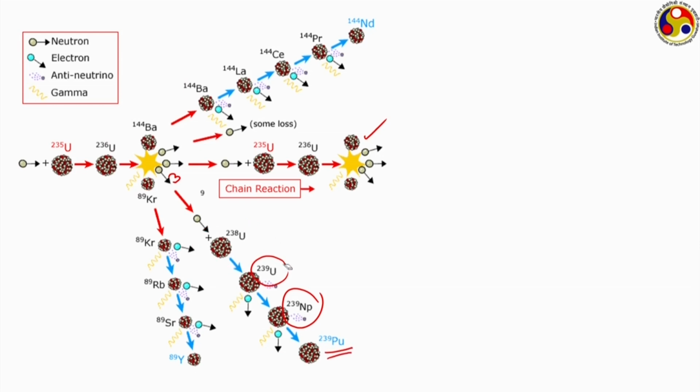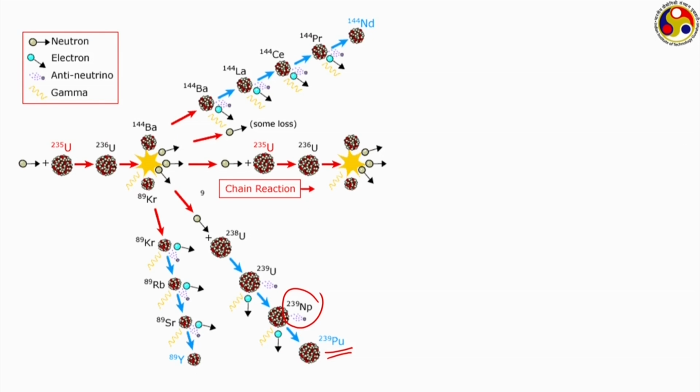Now, what is the nature of plutonium 239? Plutonium 239 is a fissile material, and therefore, one of the neutrons produced because of the initial fission reaction leads to the formation of another nuclear fuel, which is plutonium 239.